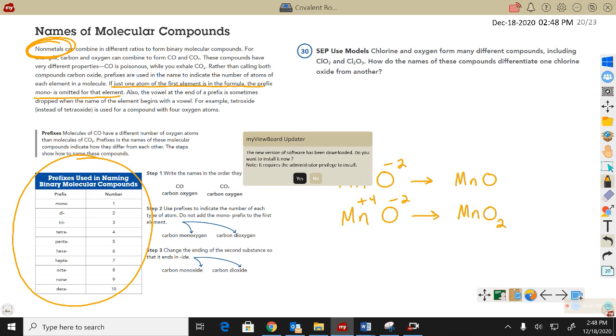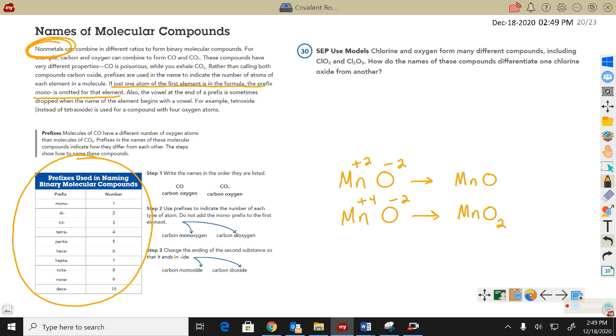Or again, sometimes then we might stop it. If there's like a double vowel, instead of saying monooxide, we might just write monoxide. But I promise I won't mark it wrong if you say monocarbon monoxide. It's just that we often don't need mono if it's the first element that's only one. But I have to indicate the second element with monoxide.